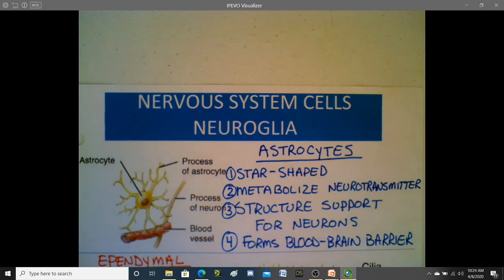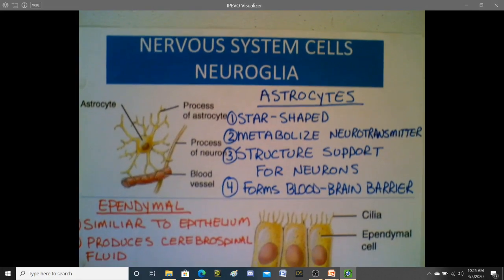And that's why a person gets drunk, is because the alcohol molecule is a toxin, and it can move past that blood-brain barrier into your brain tissue, and then it can start affecting those brain cells. And those brain cells start dysfunctioning, and that's what being drunk is, essentially. So those are the astrocytes.